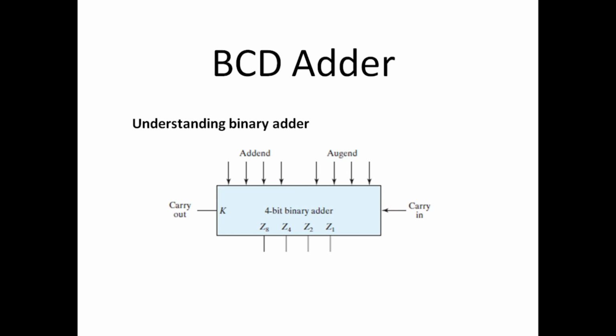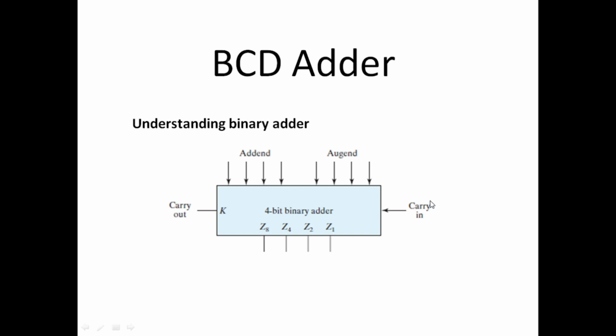To design a BCD adder, we must first understand the binary adder and its functionality. We have already designed such a binary adder in previous lectures. A binary adder takes a 4-bit binary number here, which is the first number, and this is the second number, which is also a 4-bit binary number.